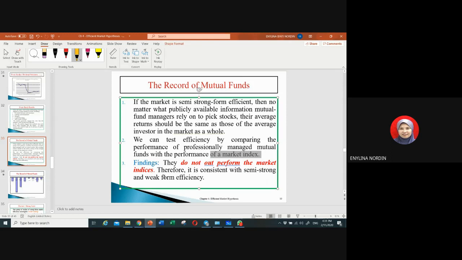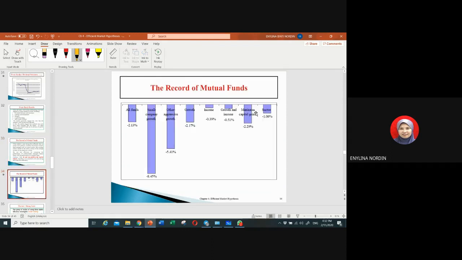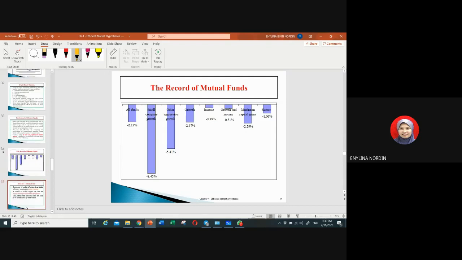Here it is consistent with the theory of market efficiency for semi-strong and weak form efficiency, where the mutual fund managers cannot outperform or beat the market by relying on the information available in the market. This is the result shown on the slide.